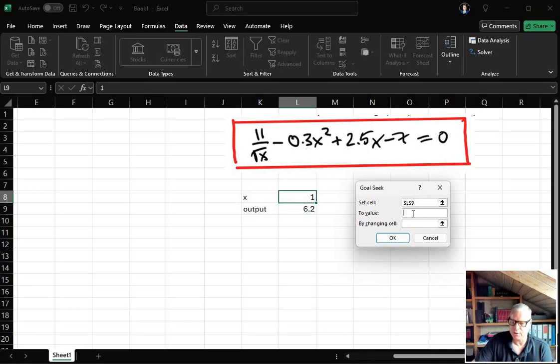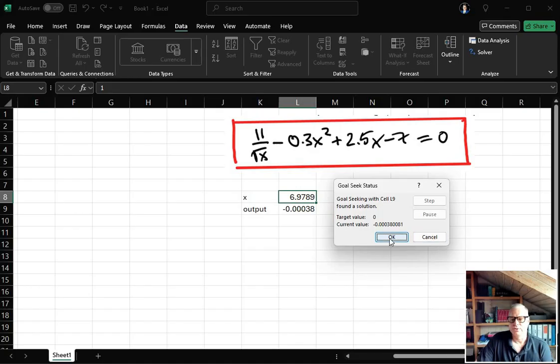And we want to set that to the value of 0 by changing that cell. That is like when I earlier tried different values, that is now what Excel does much faster.